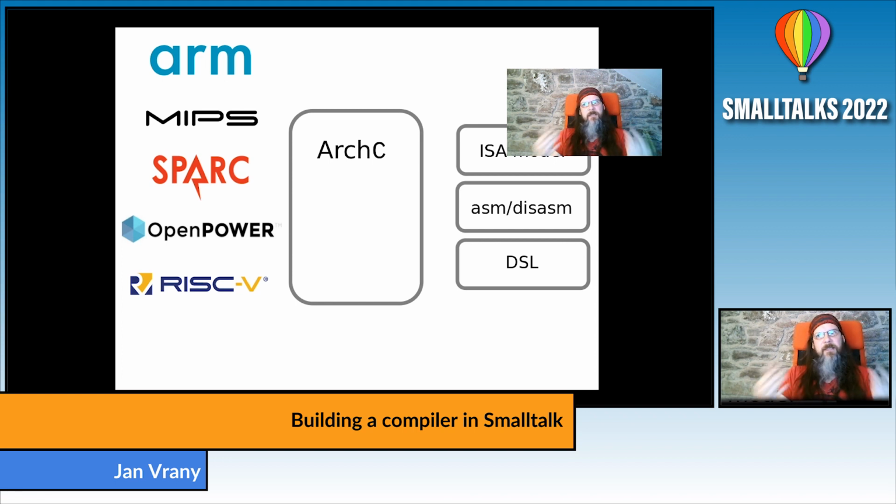You can instantiate instructions and create an ordered collection of instructions, and that's the representation of the code and things like that. You can also get an assembler and disassembler for free. The disassembler is very handy when you're actually working with the code in Smalltalk and you want to see what the code is.